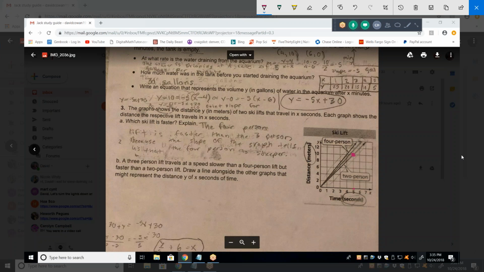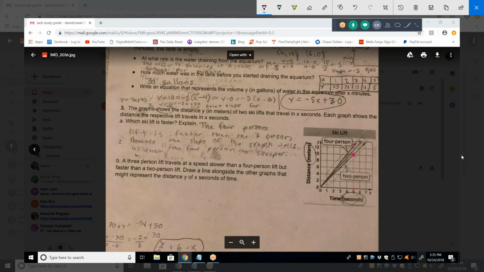That tells you the distance that it goes. It would go 10 meters. Okay. So if the 4-person chairlift in the same exact 5 seconds goes how far? 12 meters. Which one's faster? The 4-person. Always.